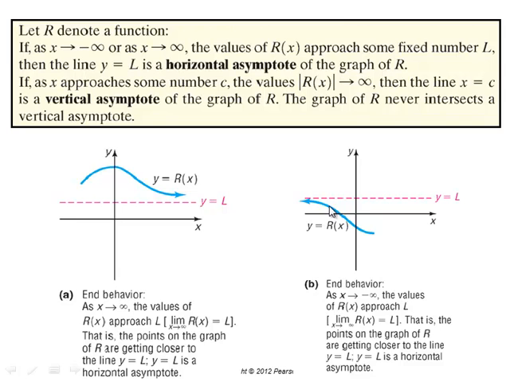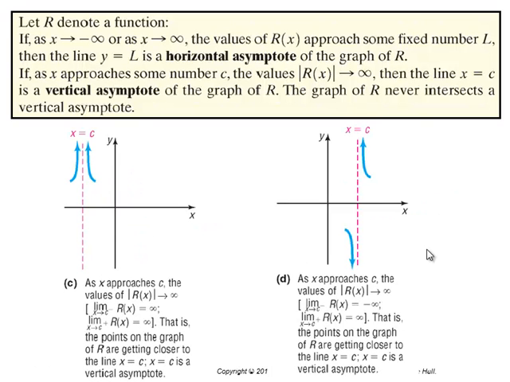But the end behavior for this function is that the function approaches L. That's what it shows there. So it could be that y equals L for both as x approaches to the left or to the right of infinity, meaning negative infinity or positive infinity, both. Or one, or the other, or both. Okay.